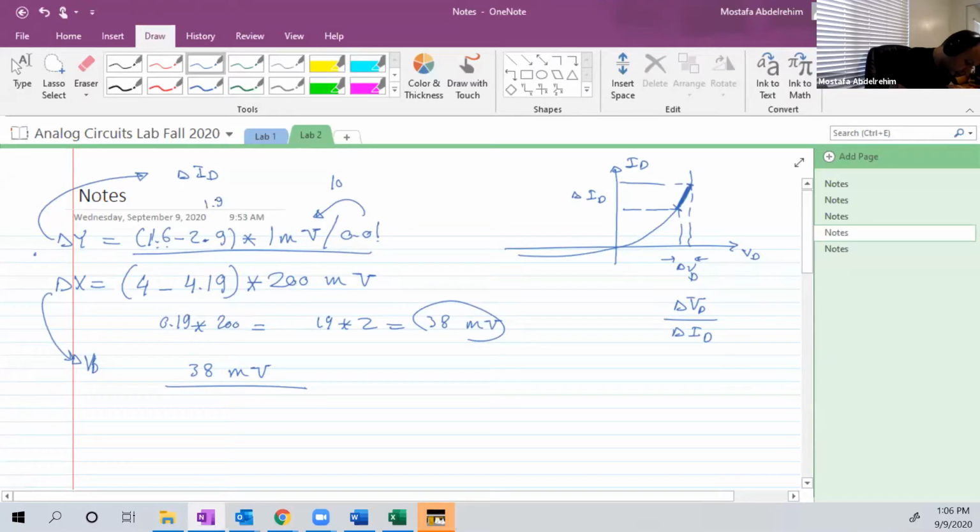It's 1.3, right or wrong? 1.3, yes. 1.3 multiplied by 1 millivolt over ohms.